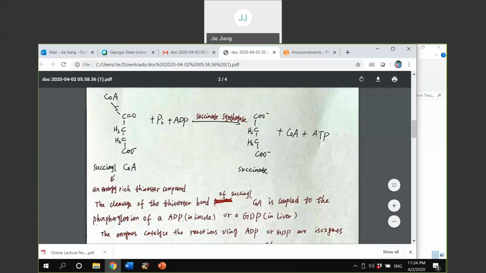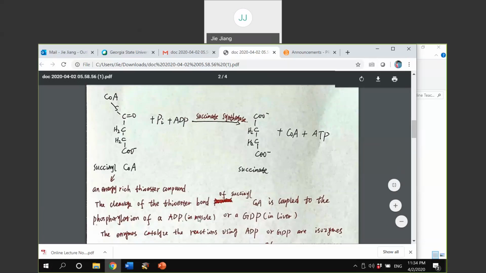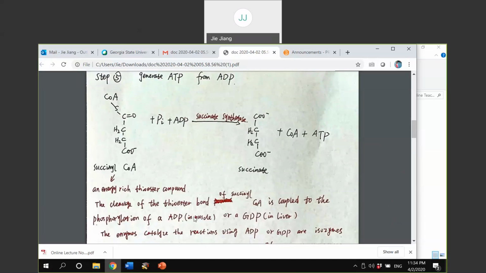In the muscle, including the heart muscle and the skeletal muscle, it will use ADP. If it's in the liver, it will use GDP, guanosine diphosphate.